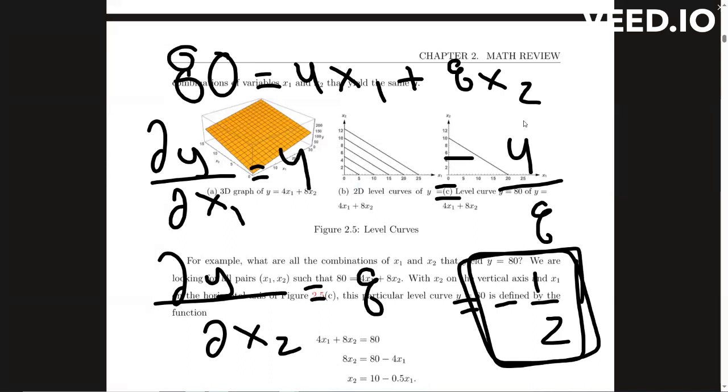If they change, then this thing, because it's not for the 80, it's for all contour lines that exist there. So if you have a more complex function, maybe the Cobb-Douglas, we don't have much in this class that's very difficult or advanced. It's always going to be something easy. But if you have contour lines that have different slopes, this thing is going to be an equation itself. So that's kind of obvious.